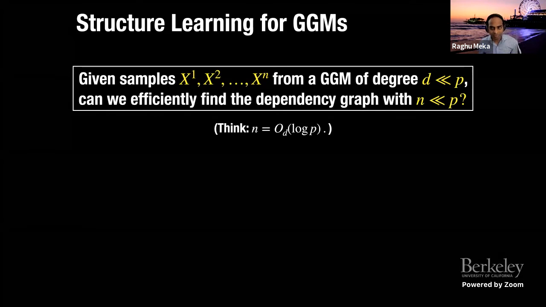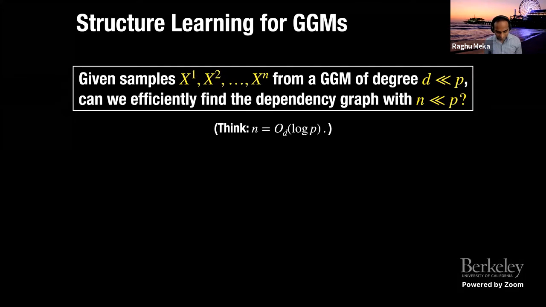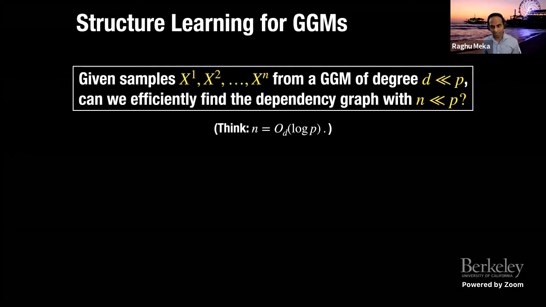And the quantitative bounds that we want are something like this. I'm going to assume that the degree is much less than p, so let's say little o of p, and I want the dependency graph to be learnable with sample complexity which is much less than p again. Ideally, we want the number of samples to be logarithmic in the dimension.